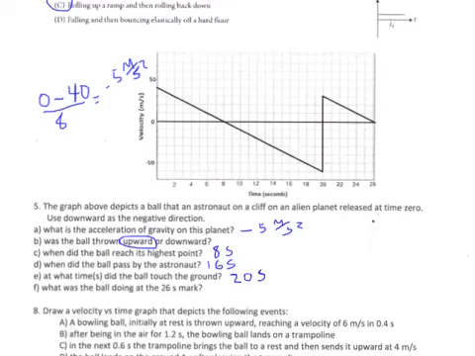And what was the ball doing at the 26-second mark? Now, think about this. The ball hit the ground, and it immediately developed a positive 30 meter per second velocity. So positive means upwards. Now what happens is it starts accelerating in a negative fashion.